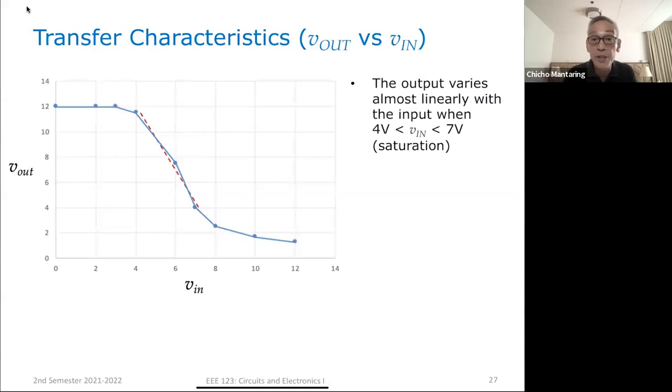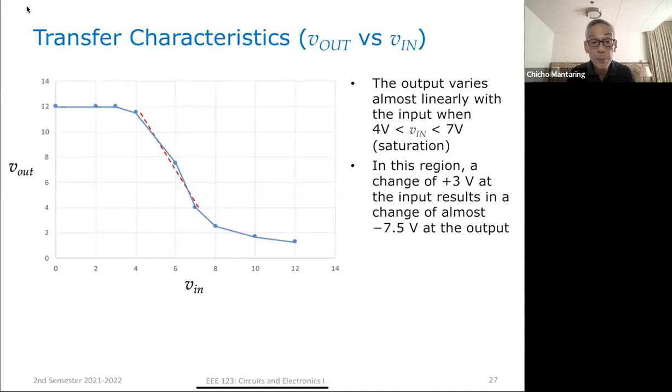Okay, these are just approximations. The output varies almost linearly with the input when the input is between 4 and 7 volts. So between this point and this point, if you take a look, the output varies almost linearly, almost in a straight line. In this particular region, a change of 3 volts at the input results in a change of almost negative 7.5 volts at the output.